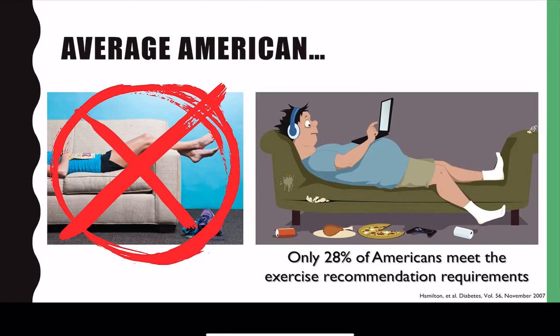Only 28% of Americans meet the exercise recommendation requirements. And if you look at minority groups and less educated, the number gets much lower. It's about half that. So most people are not detraining, they are sedentary.